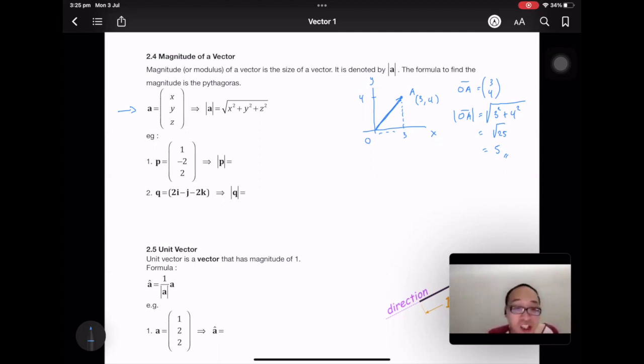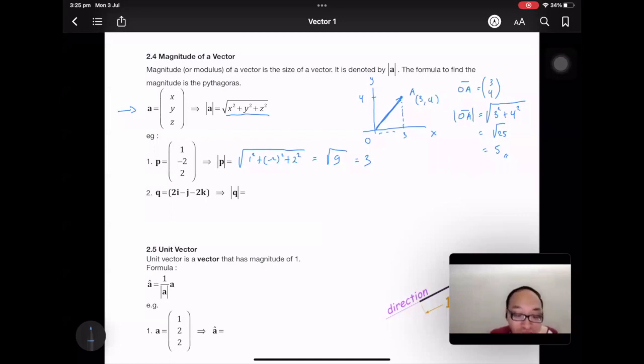For 3D, you do the same thing. So it's the square root of x squared plus y squared plus z squared. Let's see the example. We have p = (1, -2, 2). So the magnitude of p is the square root of 1 squared plus (-2) squared plus 2 squared, equals the square root of 9, equals 3.